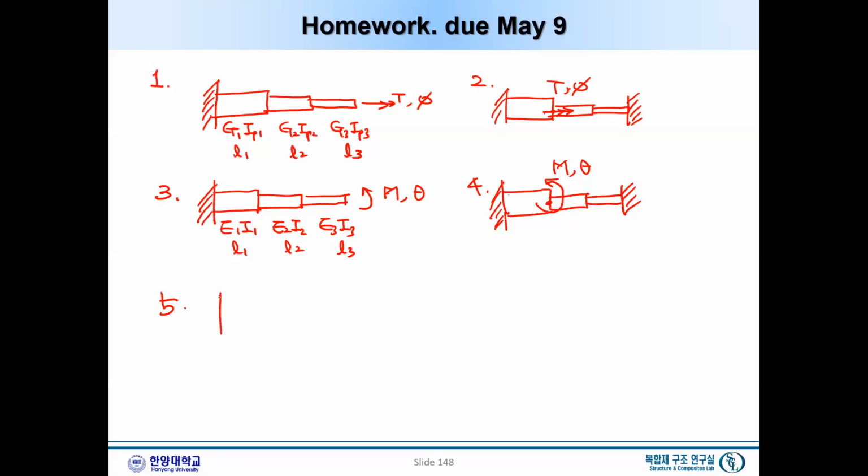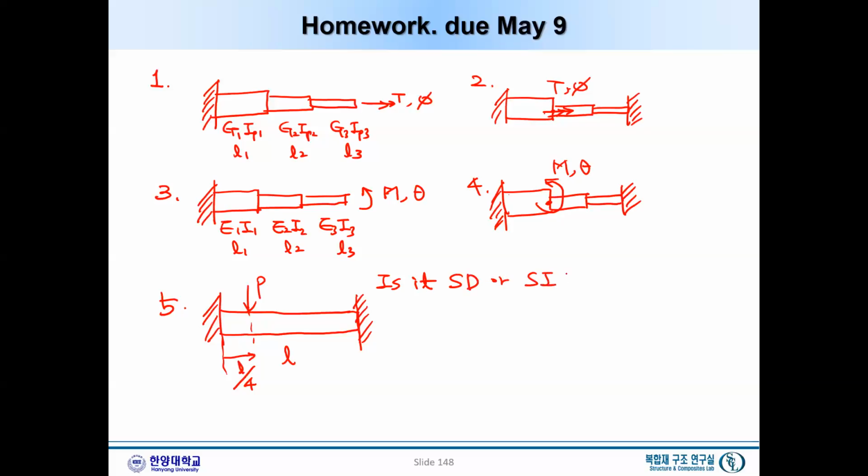So we have a beam like that, and then we have a clamp on the right hand side, and this is the length L, and this is the length at quarter position, L/4, and there we apply a vertical force P. Now, is it statically determinate or statically indeterminate?